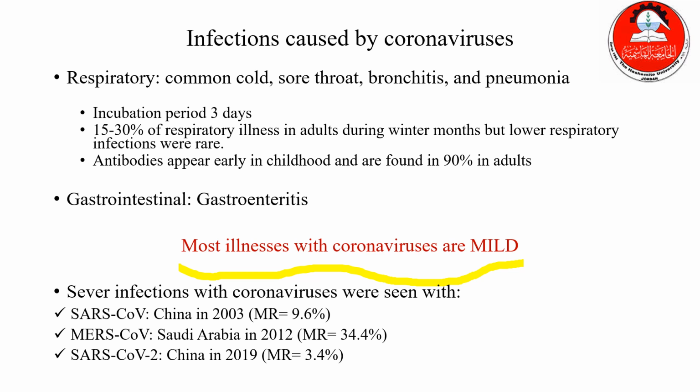The newly emerged coronavirus, SARS coronavirus 2, which causes COVID-19, emerged in China in December 2019. Up to now, we're talking about a 3.4 to 4% mortality rate.